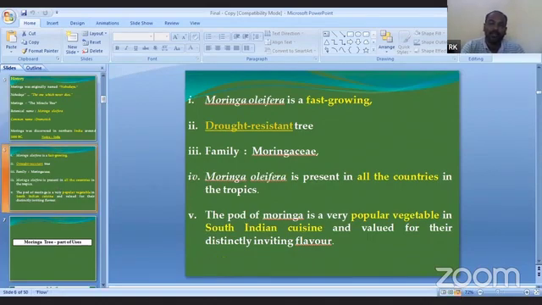Then Moringa oleifera is a very fast growing tree, and drought resistant. Yes, it will grow in Rajasthan also.